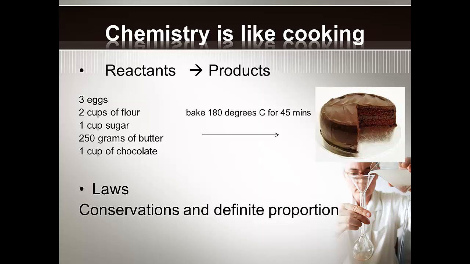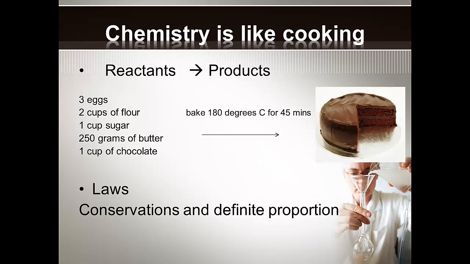So what's happening here, and don't get confused by this later on, is that we're taking all of these different things. How many objects do we have in total on the left-hand side? We've got 3 eggs, 2 cups of flour, 1 cup of sugar, 1 cup of chocolate. So we've got 5, 6, 7, maybe 8 different things, maybe more, that we're combining together to produce only 1 thing on the right-hand side.